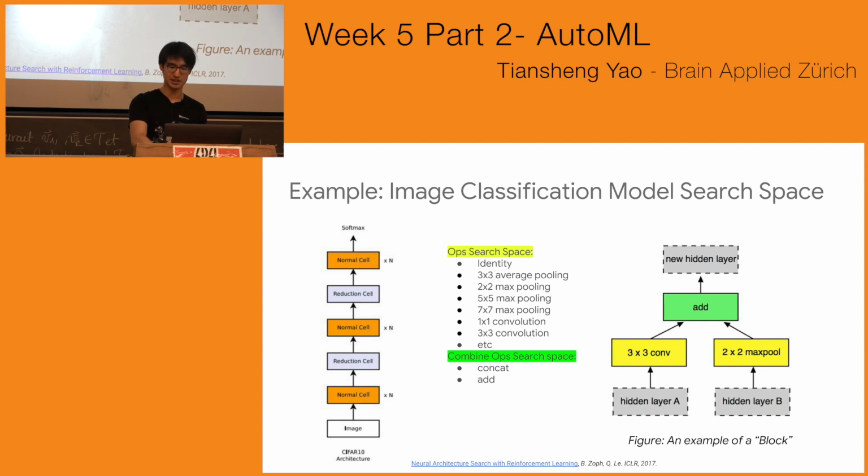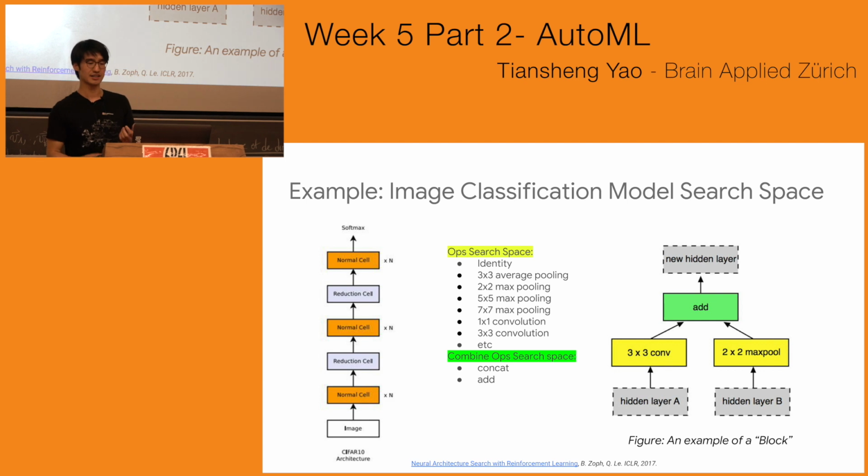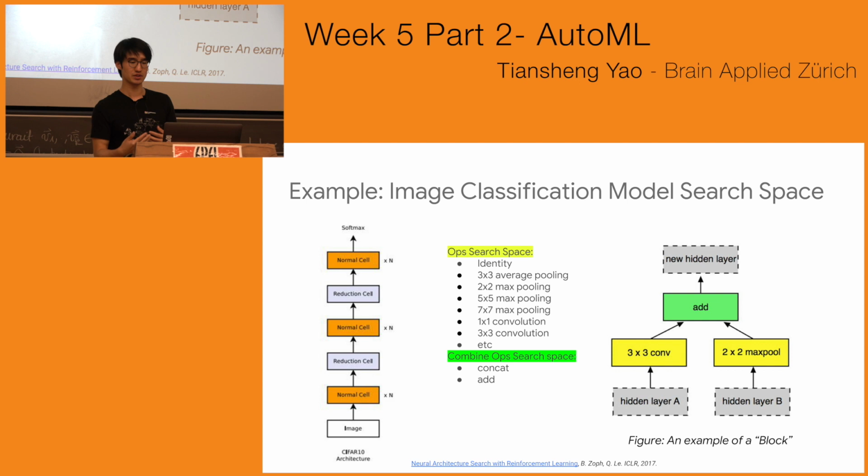On the right, we constrain the model structure of a block to look like this: you take 2 inputs and then apply some function. It can be any function available in this search space. Then we either concat or add the output of these 2 functions, and that produces a new hidden layer.